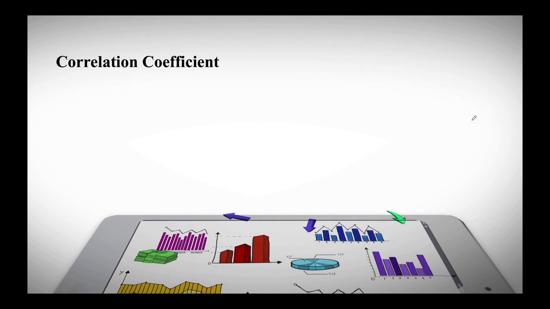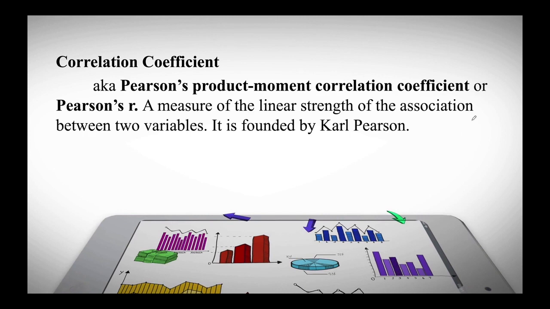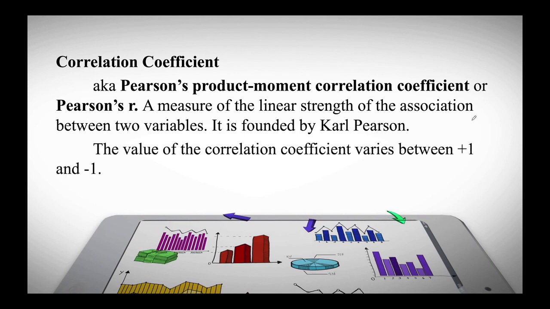Okay? So, the correlation coefficient, guys, is actually also known as the Pearson's product moment correlation coefficient, or the PPMC coefficient, or Pearson's R. Yung iba ganun tawag. Same lang yan. A measure of the linear strength of the association between two variables, founded by Karl Pearson.